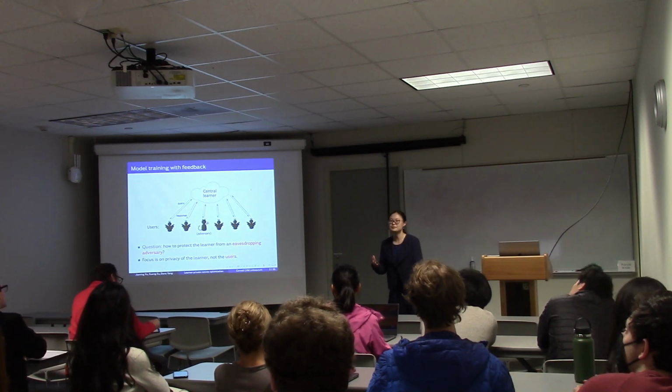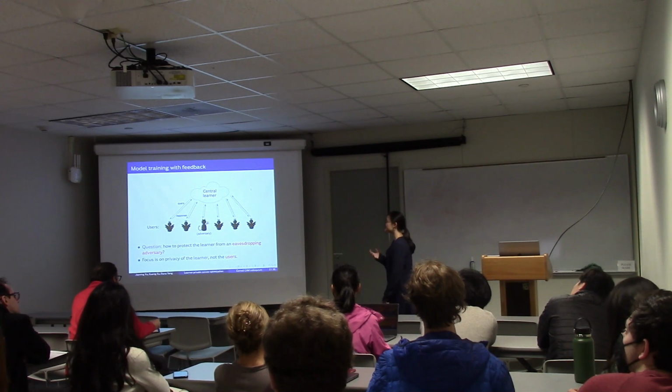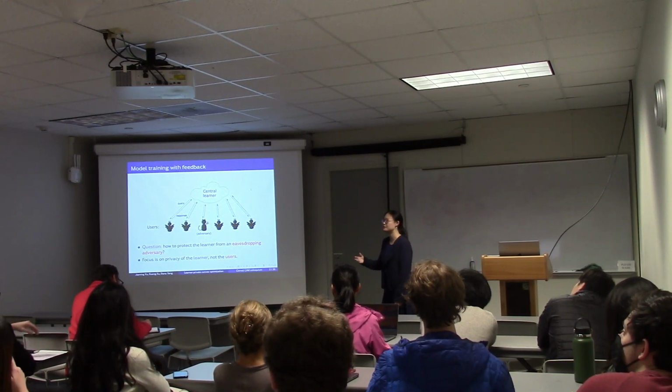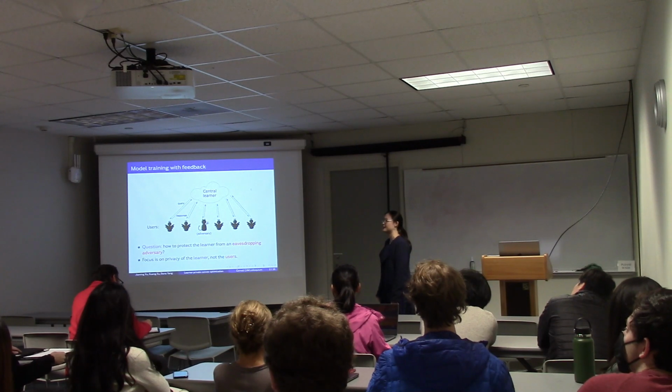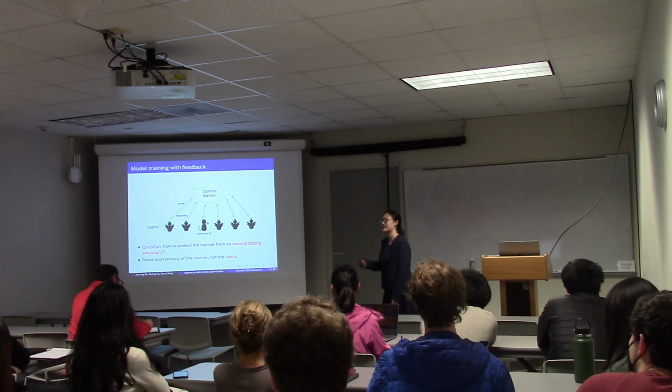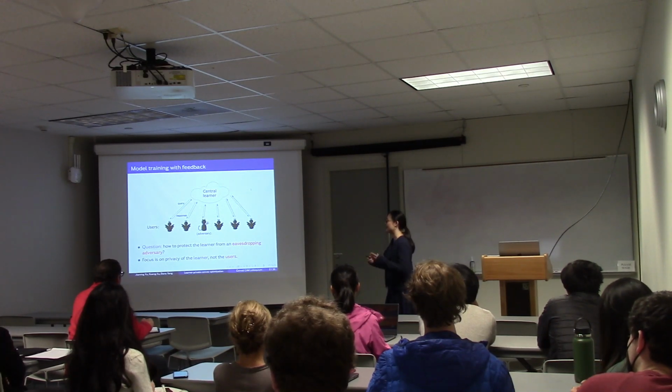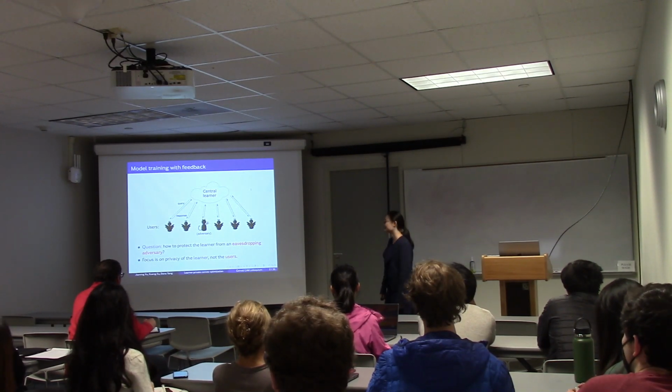Then the learner can aggregate all the responses, use the aggregated response to update the query, and send out the next iteration of the model parameters, which is the next query. They go back and forth like this until the learner arrives at a model that is good in the sense that maybe it minimizes some population risk function.